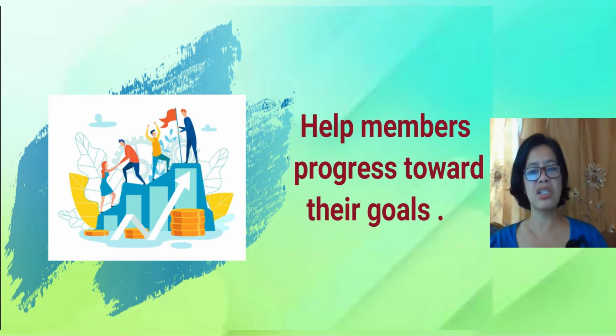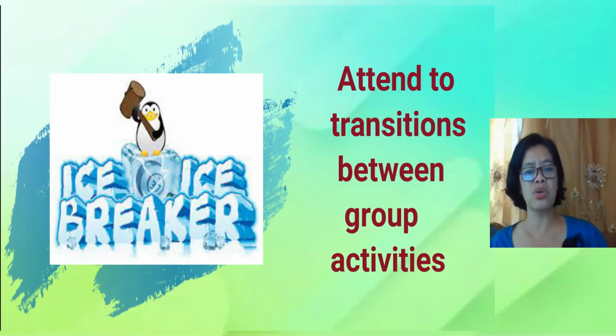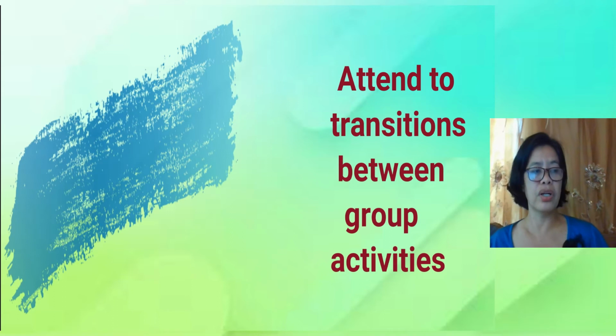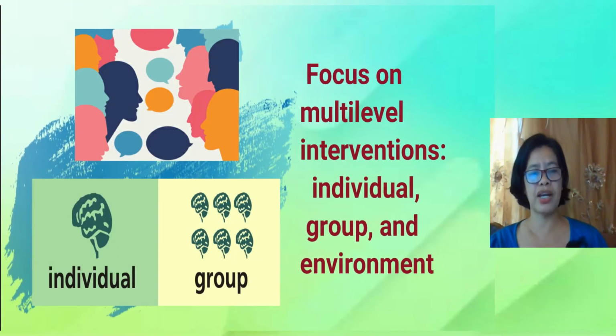Then attend to the transitions between group activities. You don't just shift to the next activity; instead, we have to make a transition. Then focus on multi-level interventions, whether for the individual, for the group, or for the environment.